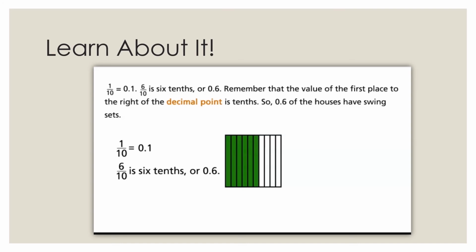So the decimal point can be read as an "and," to establish the difference between your whole numbers and your fractions. Remember that the value of the first place to the right of the decimal point is tenths. So 6/10 of the houses have swing sets.